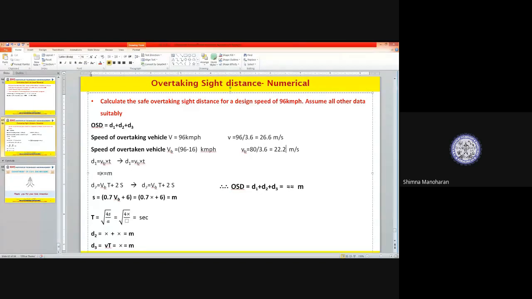So what should be the reaction time that we have to take here? Ma'am, 2 seconds. And what should be VB? VB is 22.2 meter per second. So multiply and get the value here. 44.4. Okay, good.